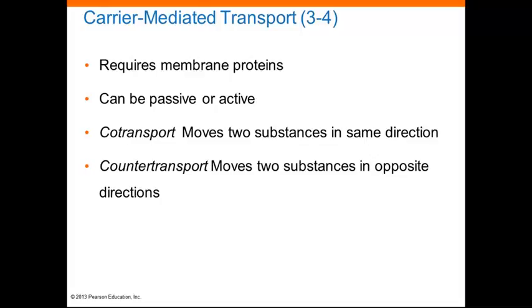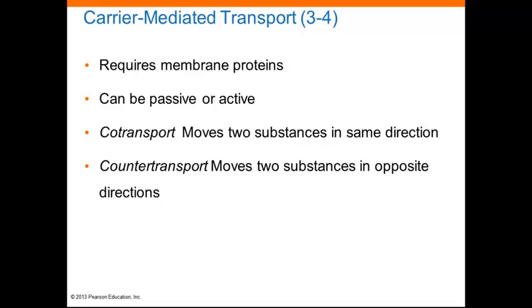The next section of the textbook looks at carrier-mediated transport, which is a process that requires membrane proteins to move substrates and ions. And these proteins, like enzymes, show specificity for their substance. Carrier-mediated transport can be passive, meaning that no ATP is required, or active, meaning that ATP is used for energy.